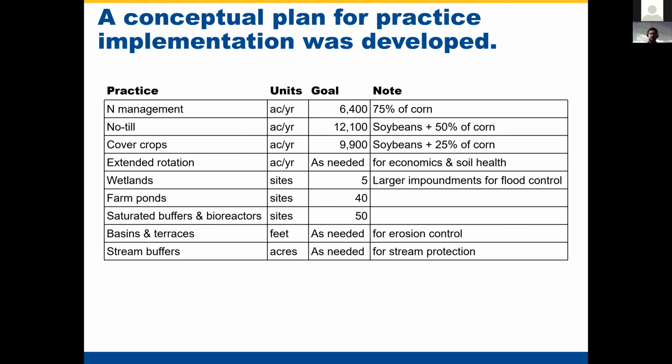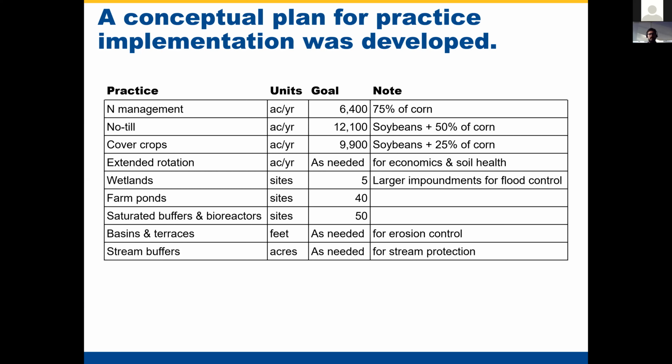So with all this information, we developed a conceptual plan for practice implementation. And so taking the goals that are outlined in the nutrient reduction strategy, both the nitrate losses as well as the phosphorus and soil erosion reductions that would come along with that, we're looking at these practices for potential implementation in the future.